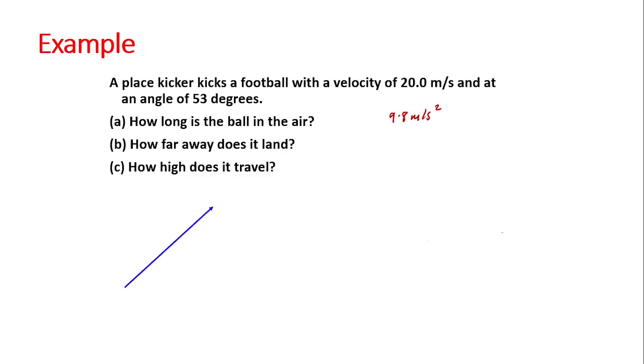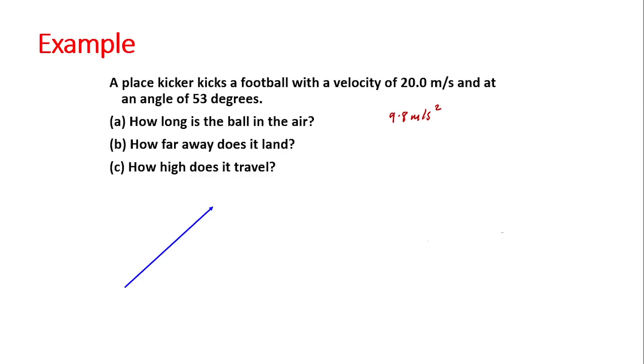What I'm drawing is what we call a free body diagram. A free body diagram doesn't have a person, it doesn't have a ball, but it just shows the motion which a certain object had to undergo.